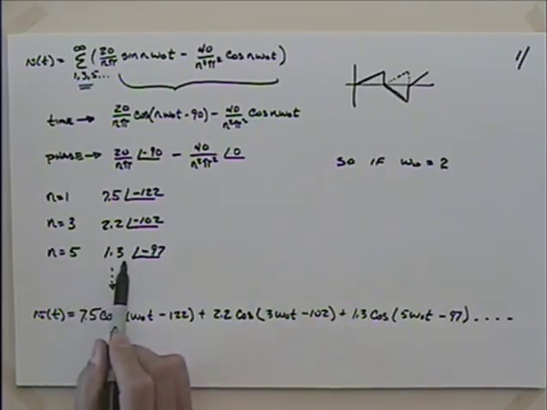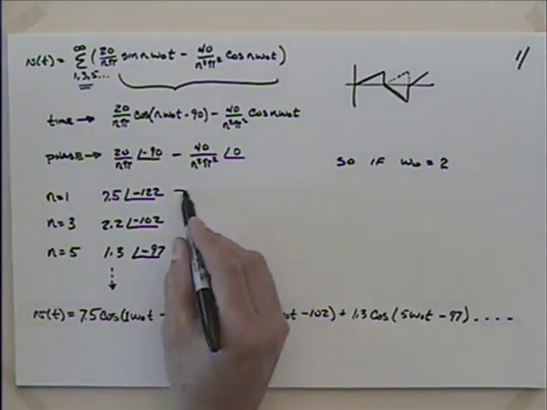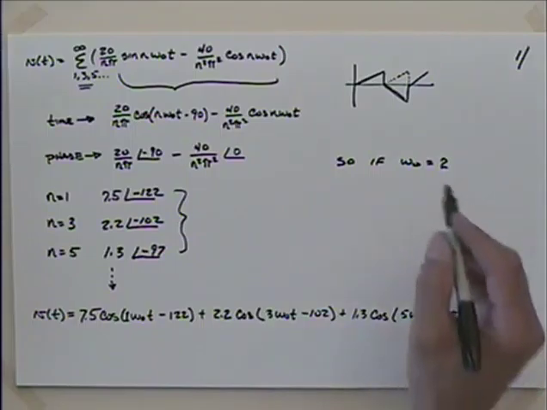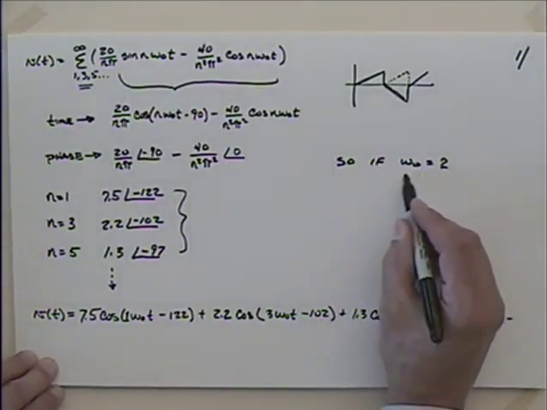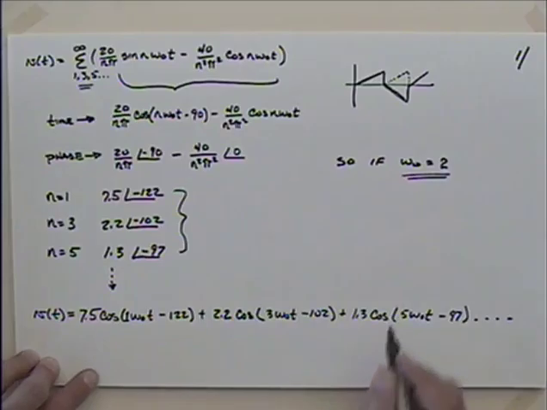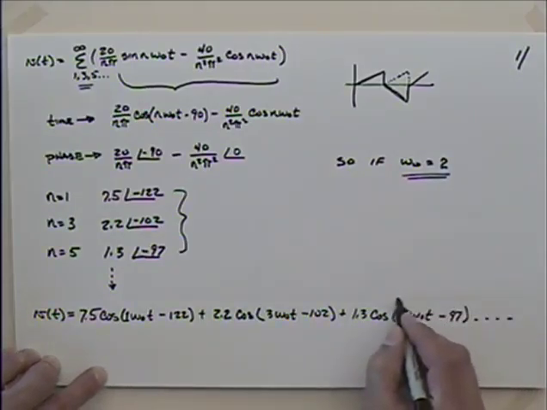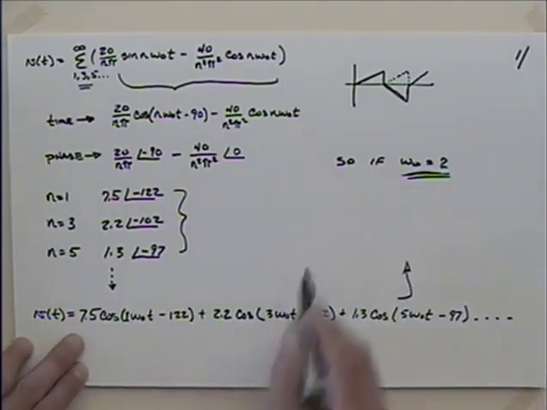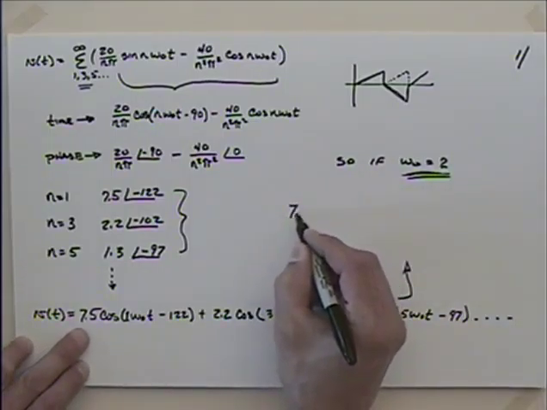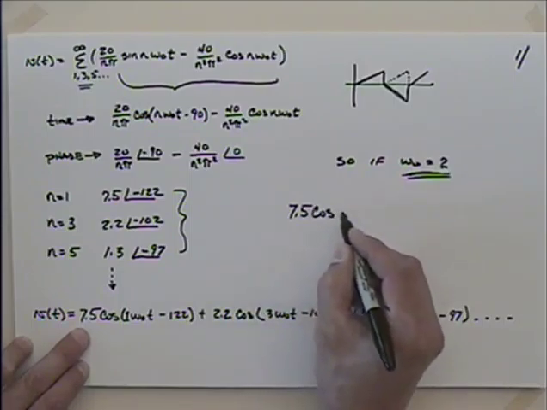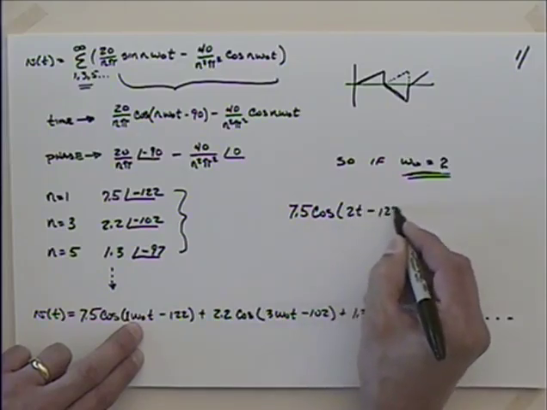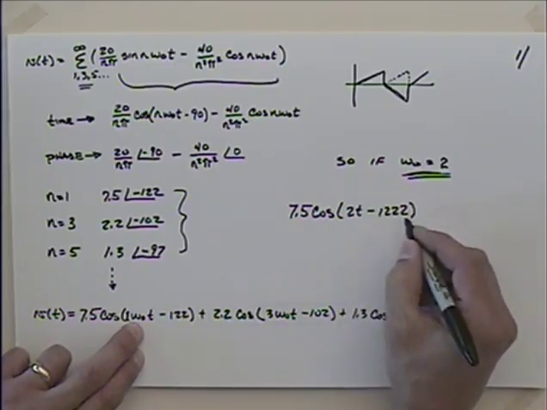Now the reason for doing this is eventually I'm going to put a circuit up here, and we'll look at putting these values through the circuit. One of the things we're going to do with the circuit is we'll talk about omega naught being equal to 2. So if I take this expression here, and I guess kind of oddly writing back up the paper, but with omega naught being equal to 2, what do I have? I have then 7.5 times the cosine of 2t minus 122.